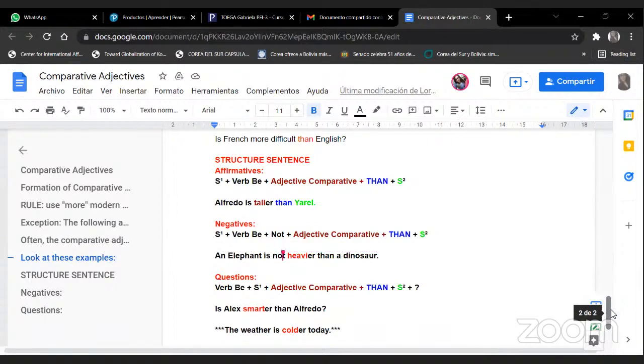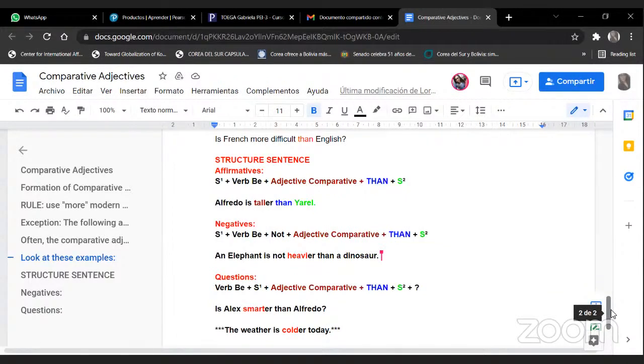For example, an elephant is not heavier than a dinosaur, right? In this case, as you can recognize, heavy ends in Y, so we delete the Y and put IER. And after than, a dinosaur, the second subject, okay?